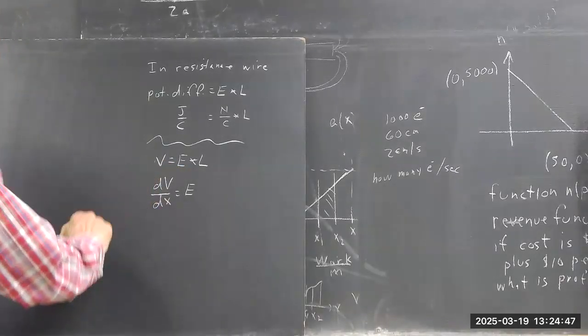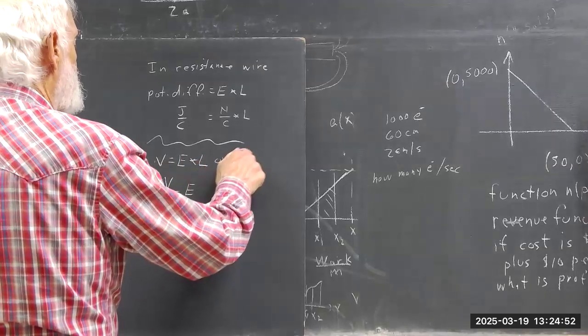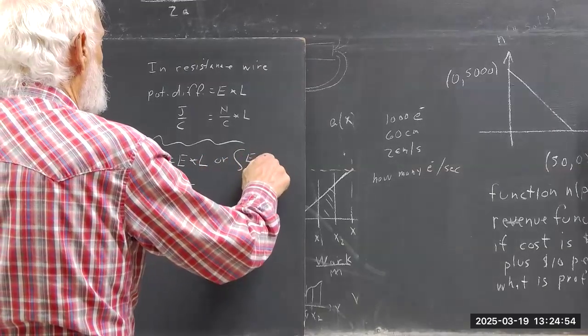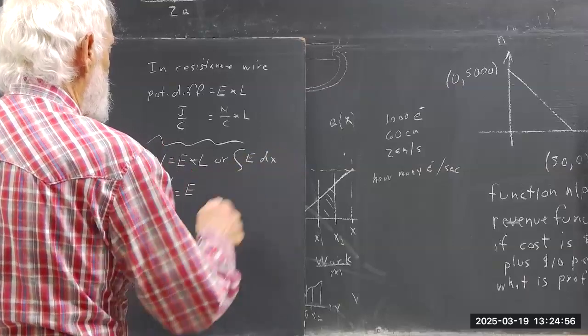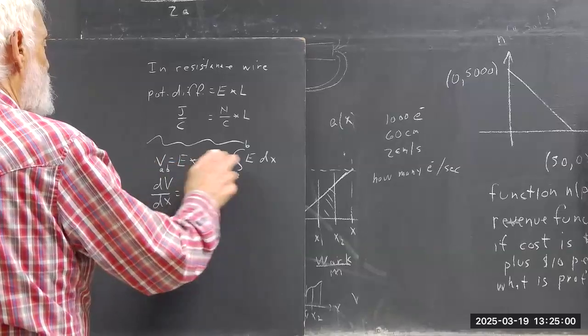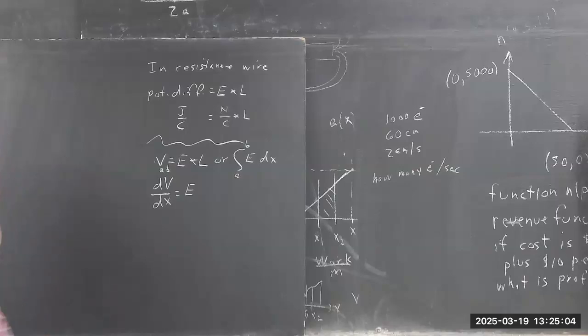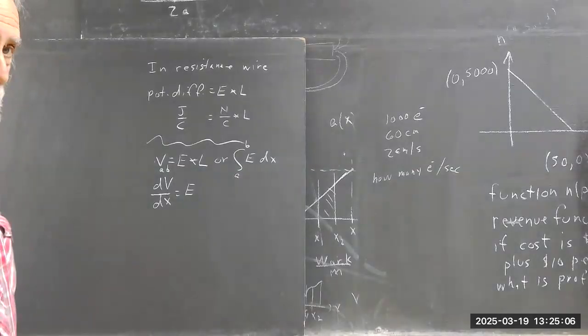If your voltage is E times L, or the integral from A to B of E dx, then dV/dx is the electric field.